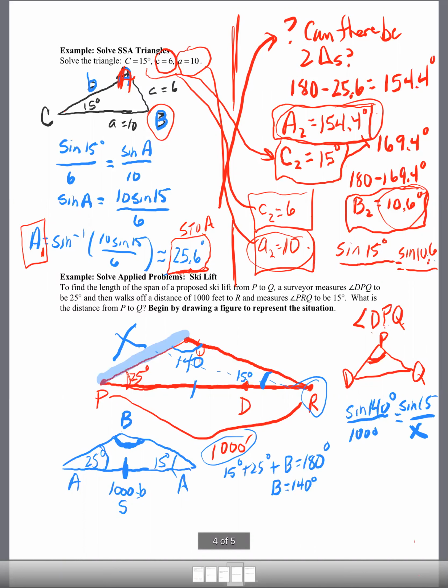Do the arithmetic now. You'll find out that your X is going to equal 1,000 sine of 15 degrees divided by the sine of 140 degrees. If you'll go to your calculator, 1,000 sine of 15 degrees, and then divide that by the sine of 140 degrees.